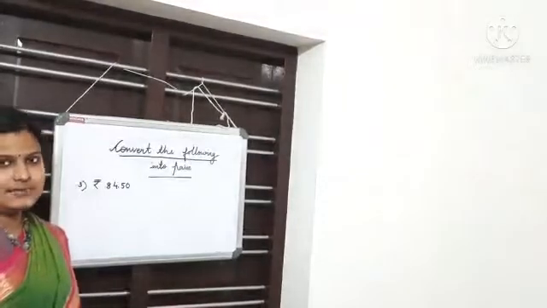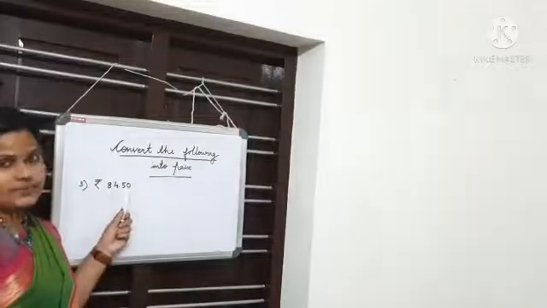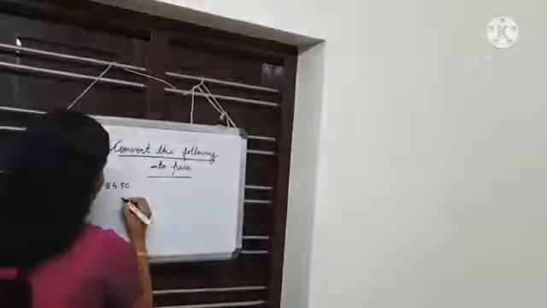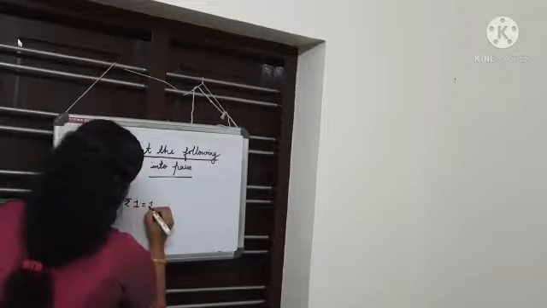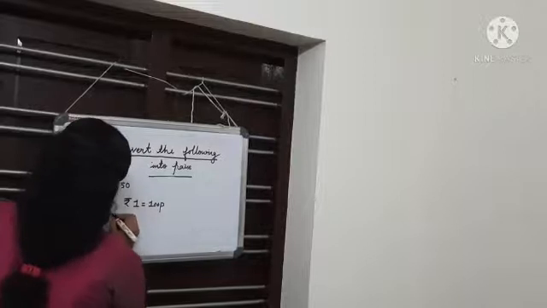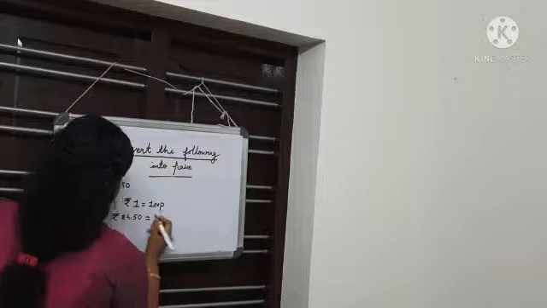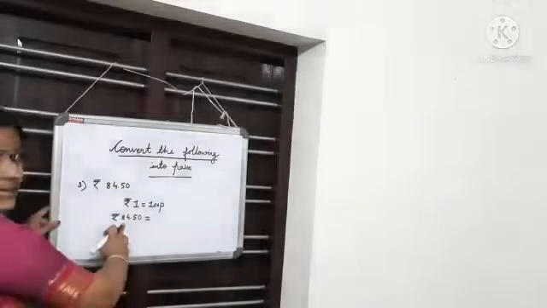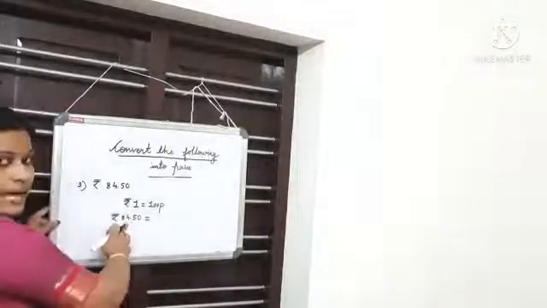Let us see the next example. Rupees 84.50. Okay? We know 1 rupee is equal to 100 paise. Therefore, we can write rupees 84.50 is equal to, first we have to convert 84 rupees to paise. So, you have to multiply 84 by 100.